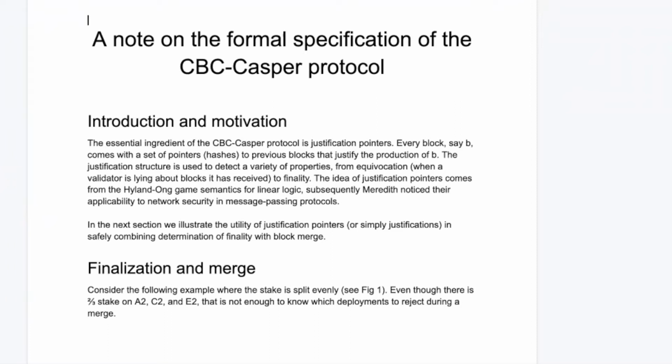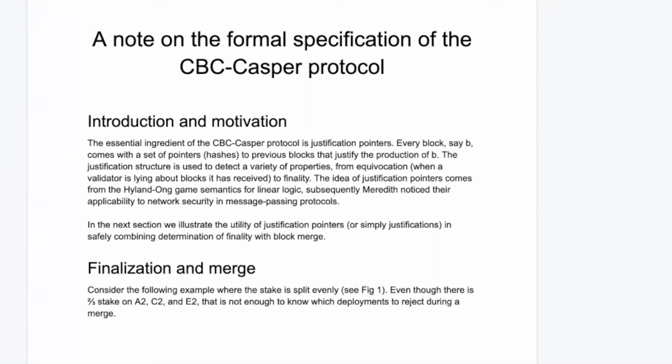One of the points that I bring out in the draft is that the justification pointers do all the heavy lifting in CBC Casper, and justification pointers come to us from the Hyland-Ong game semantics for linear logic.